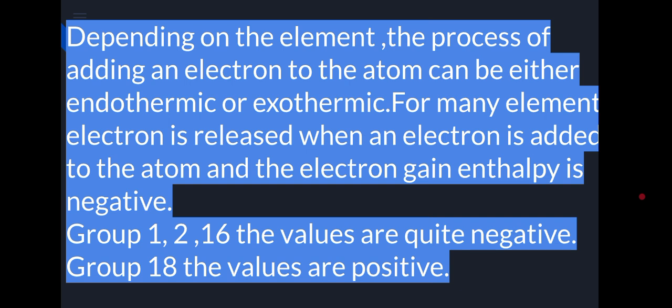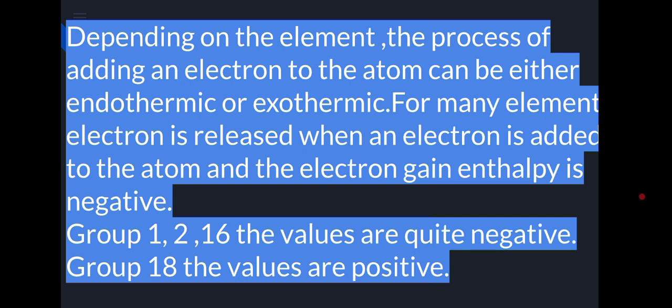So depending on the element, the process of adding an electron to an atom can be either endothermic or exothermic. Okay, they can either release energy or absorb energy. For many elements, energy is released when an electron is added to the atom, and the electron gain enthalpy is negative.